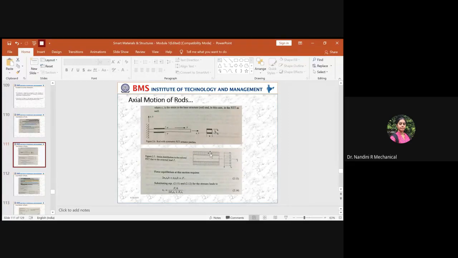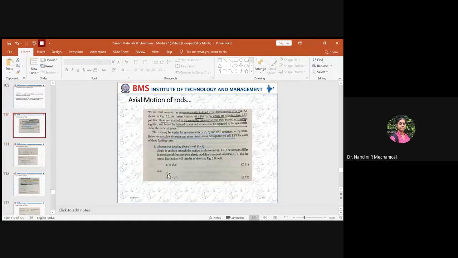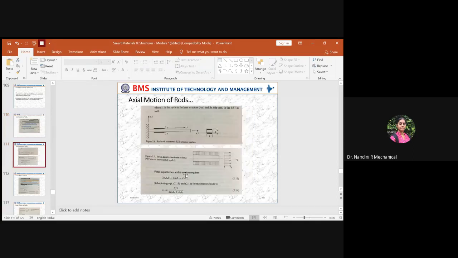When the strain is uniform throughout the rod, which is our structure or the substrate, with a piezo patch on it, it is towards the positive x direction. The force exerted at this section will be the combination of both. Here you have studied the stress for the substrate as well as the stress distribution for our piezo element, so it will be the combination of both elements: the piezo patch as well as the structure.